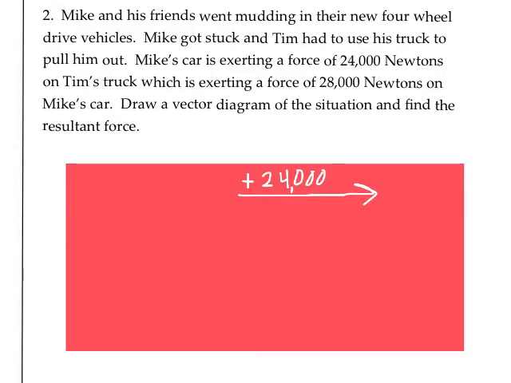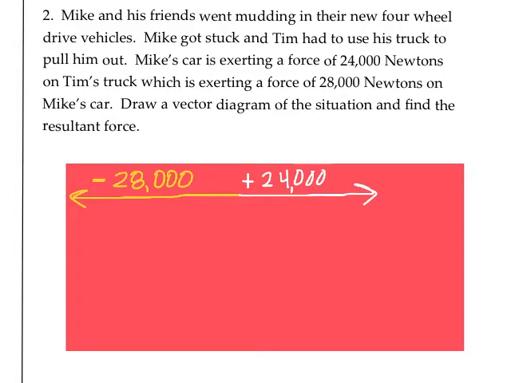And then my other vector, it's a little bit bigger, so I want to draw it longer than the other one, and it's 28,000. And again, I drew an arrow in my picture to draw the actual vector diagram. I can also indicate a direction by putting a minus sign there.